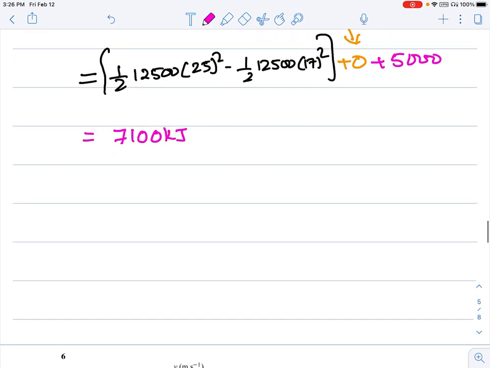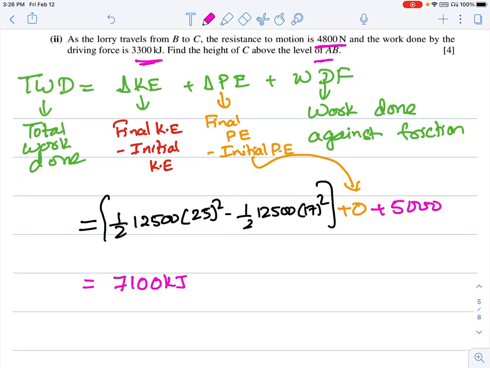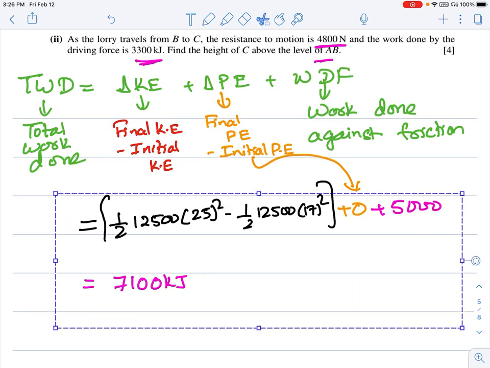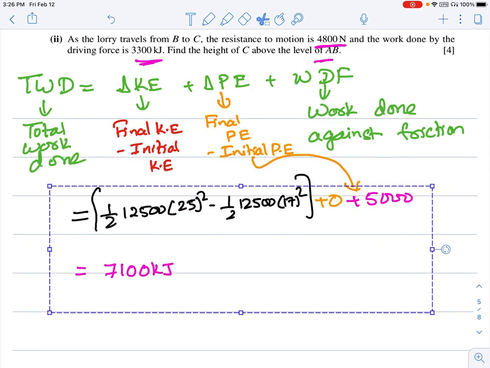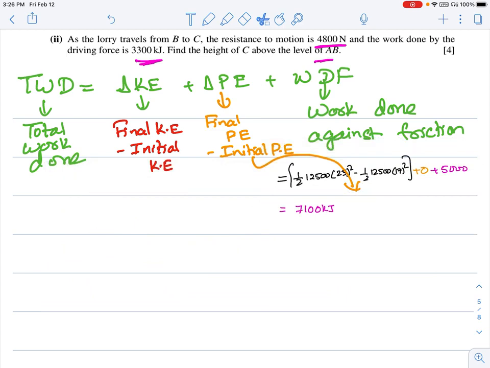So from B to C, same formula. Let's make this one small; this was the first part, we will leave it there. I am going to use the same formula.